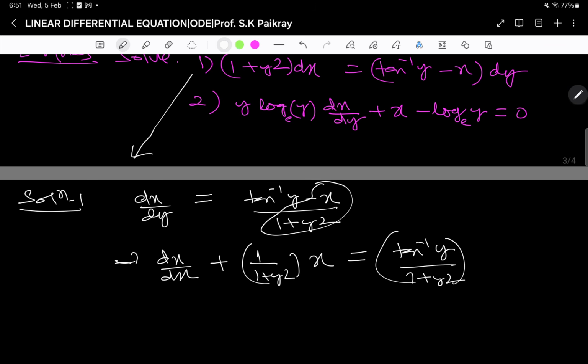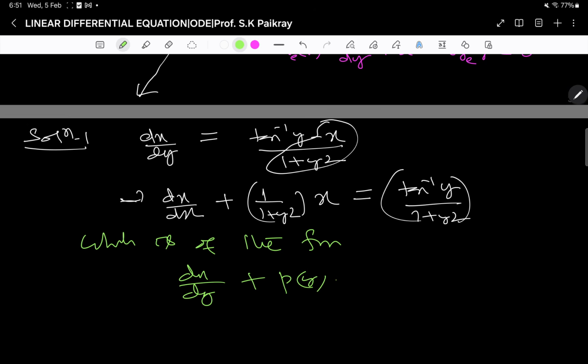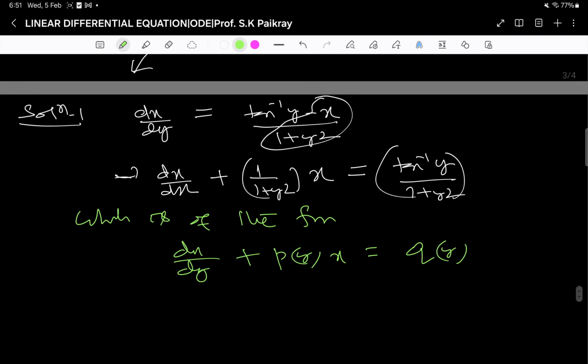So you see, it is linear here. It is of the form dx by dy plus Py x is equal to your Qy, isn't it? So this is my Q, this is my P.